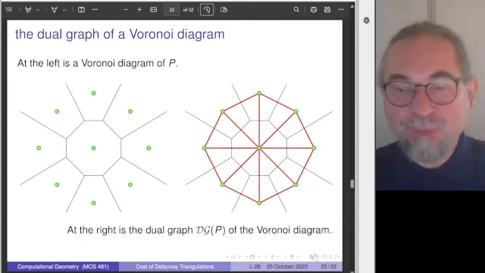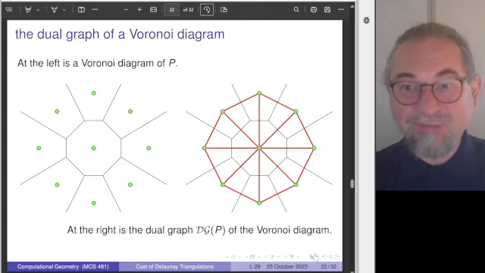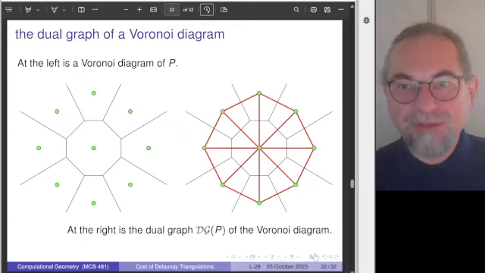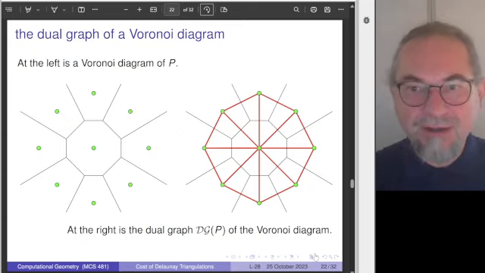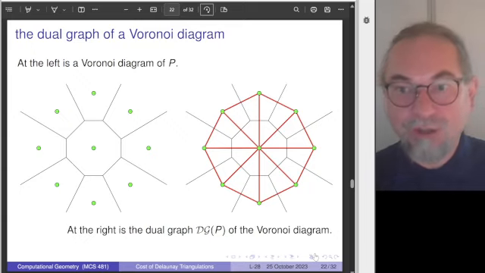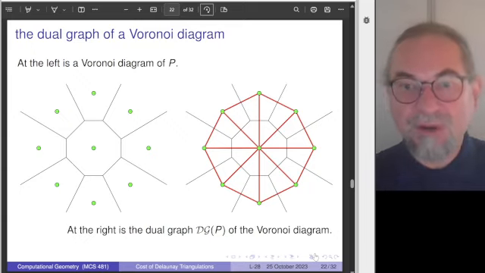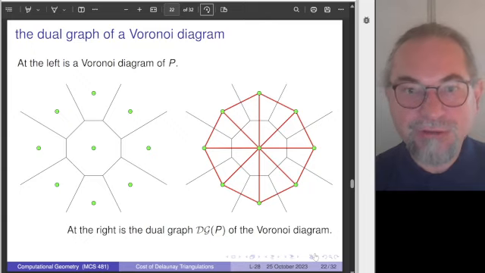So why is this important? Well, we have studied Voronoi diagrams for one entire week. So in some sense, the Delaunay triangulations and triangulations in general are extremely important. But if we understand the properties of Voronoi diagrams, we also understand a lot about the Delaunay triangulations.